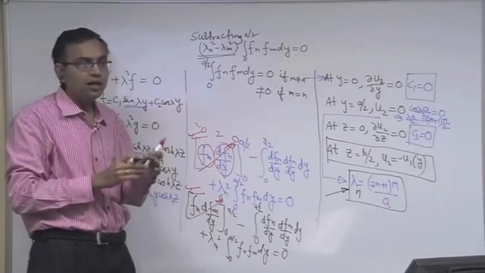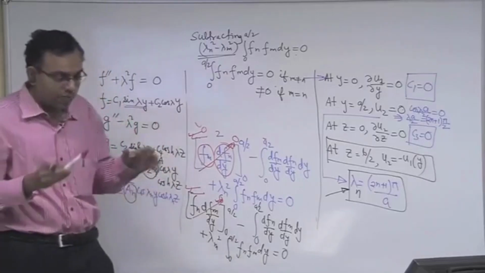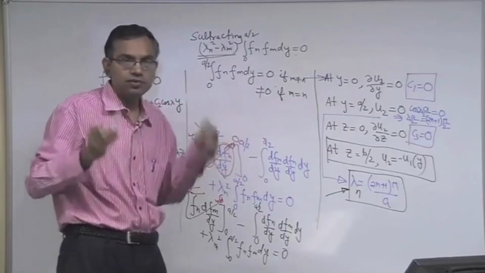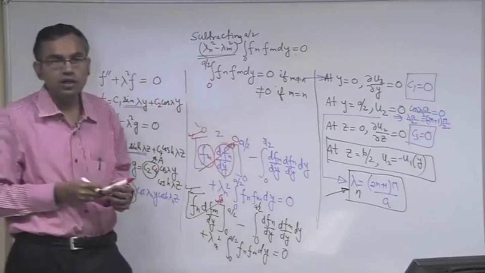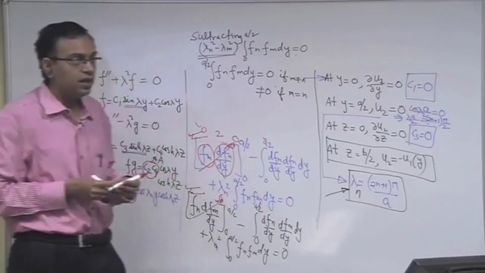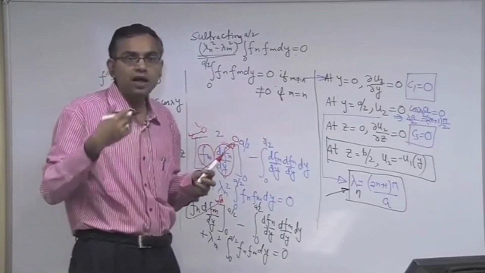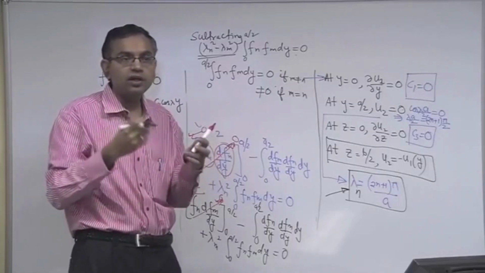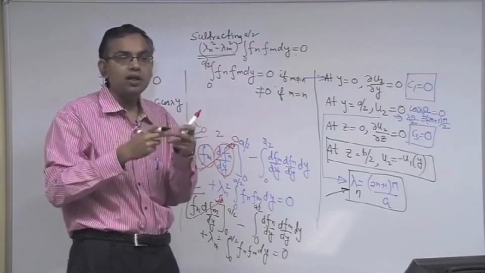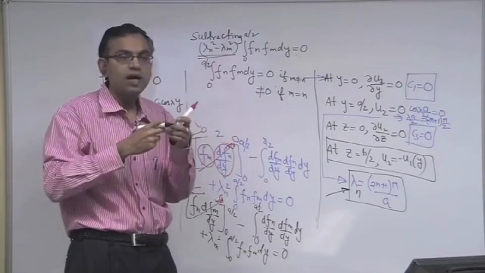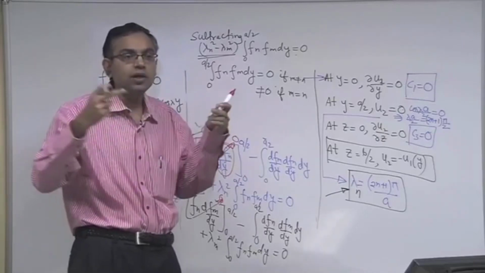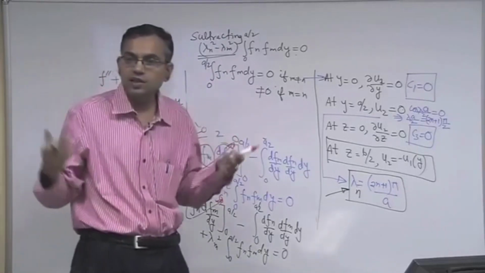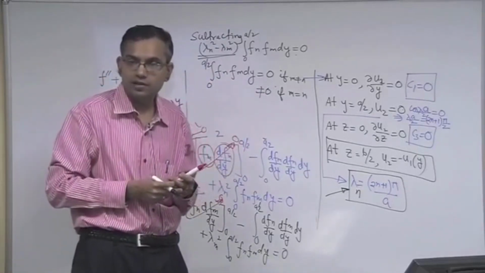Remember, I will give you a little bit of qualitative perspective on why, out of so many names, it is called the orthogonality condition. Usually, from our school level studies, we are familiar with orthogonality in terms of vectors. Two directions, if they are orthogonal or perpendicular, we say that is a situation with orthogonality of vectors.